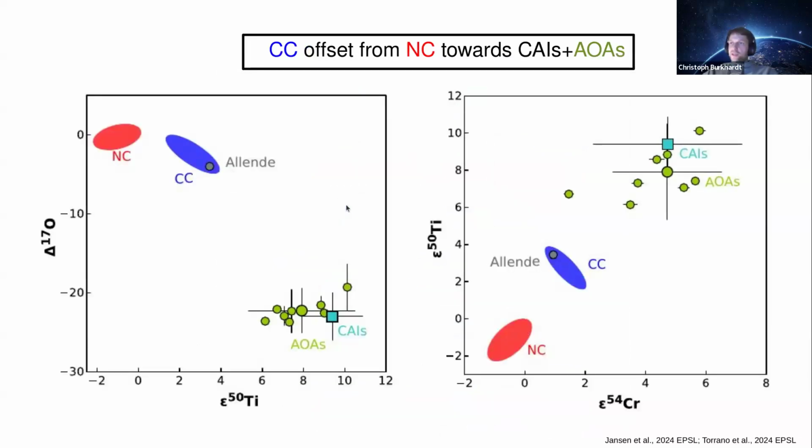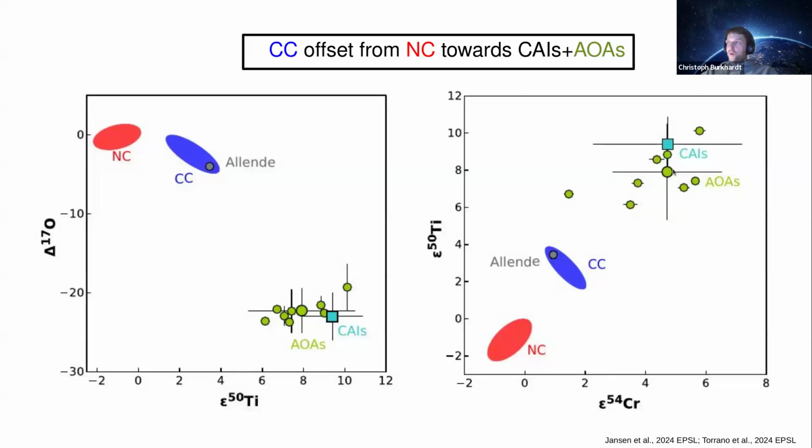More and more data is coming in that also AOAs, which are another type of refractory inclusion, not as refractory as CAIs, share the same isotope composition as CAIs. So what we can infer is that the CC bodies are some kind of mixture between NC material and stuff up there.